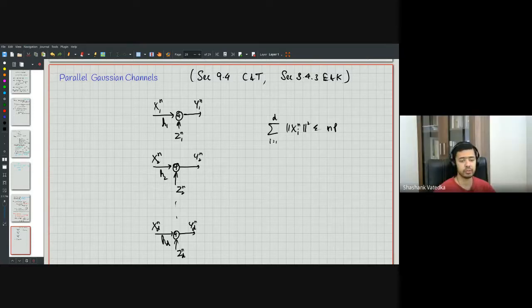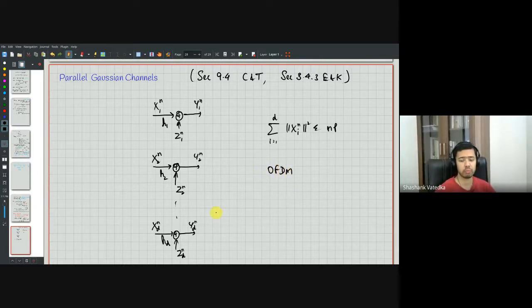Right, so now that we've seen the capacity of the point-to-point AWGN channel, let us see a slightly more complicated setup where the transmitter and receiver are not connected by a single point-to-point AWGN channel, but rather there are multiple AWGN channels. This is a very common occurrence when you have something like an OFDM system, right?